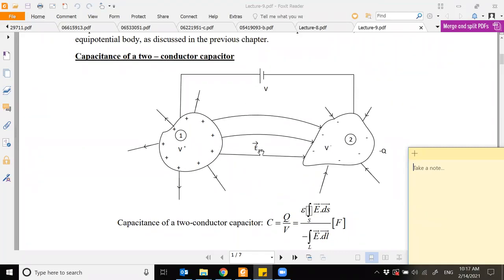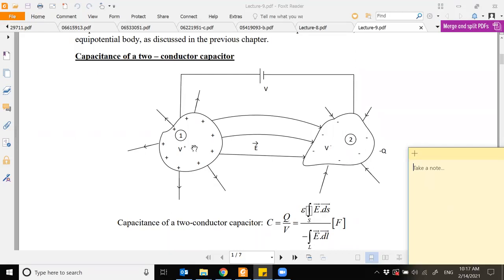So this is some dielectric medium, and this dielectric medium can be air or any dielectric material. Now I am keeping these two conductors at a potential difference.